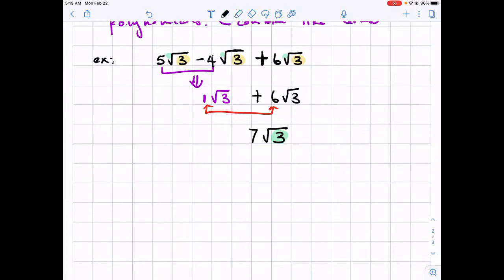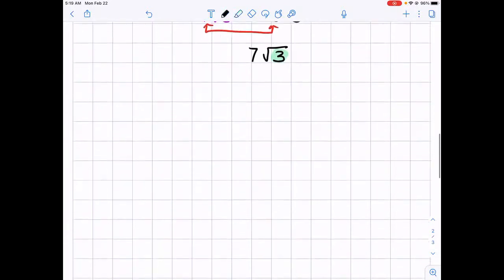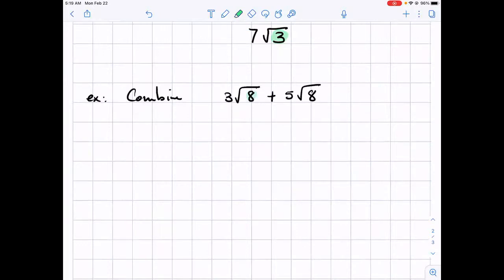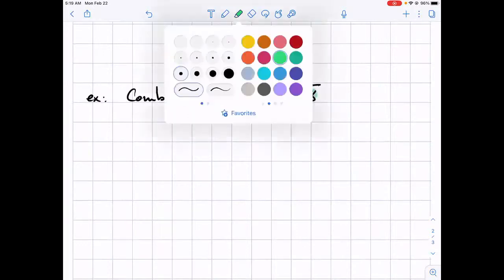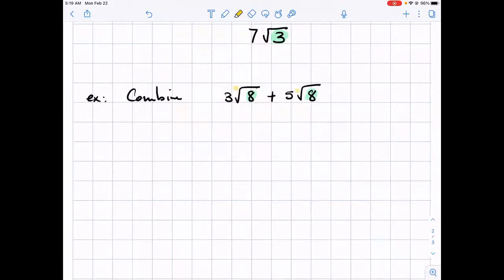If we look at another example, combine 3 radical 8 plus 5 radical 8. In this scenario, the radicands are the same, always check, and the indexes are also the same.